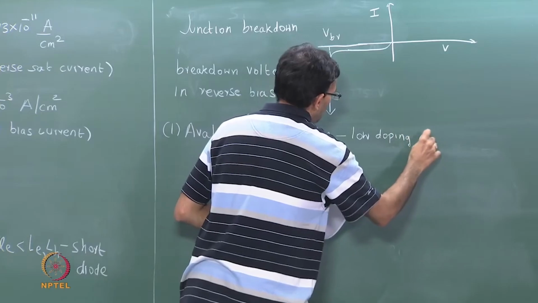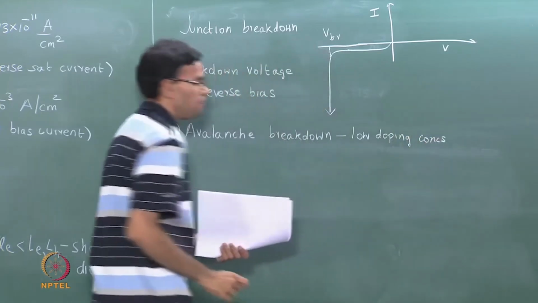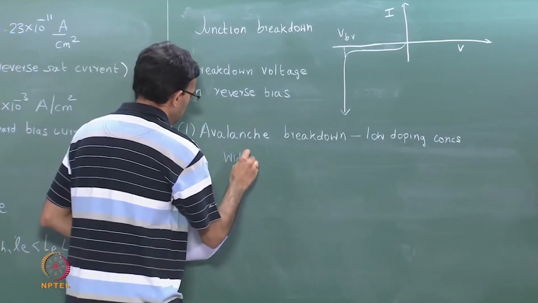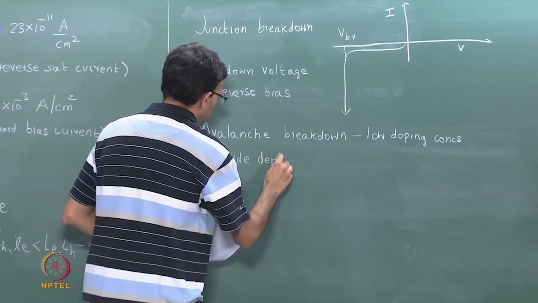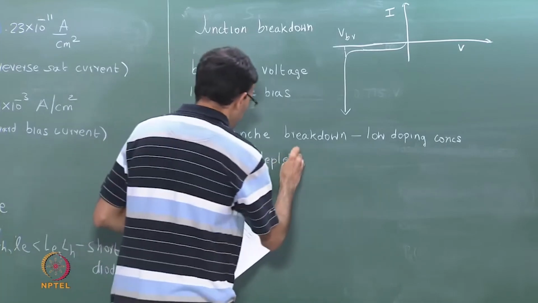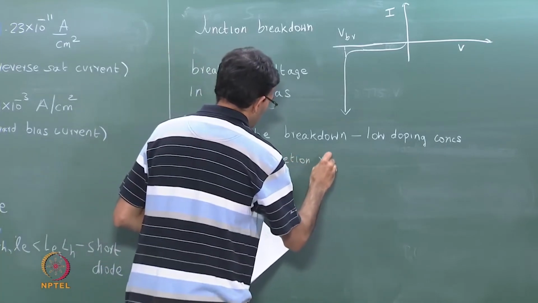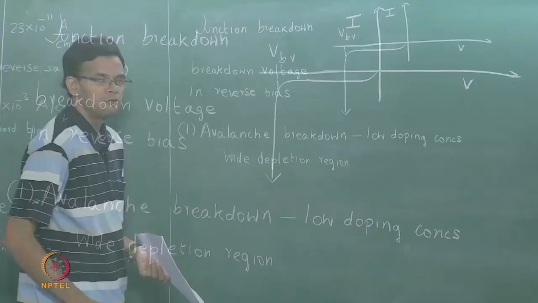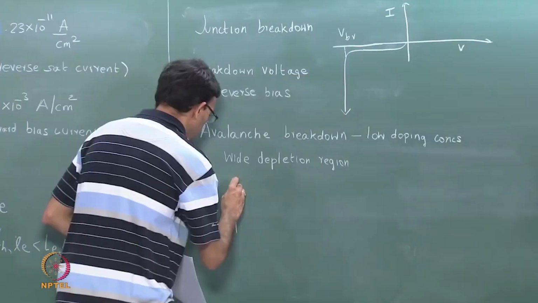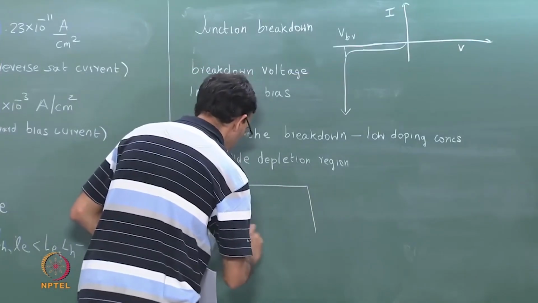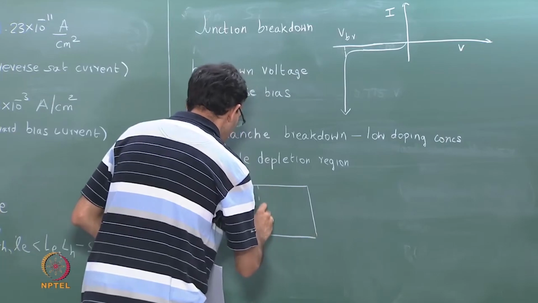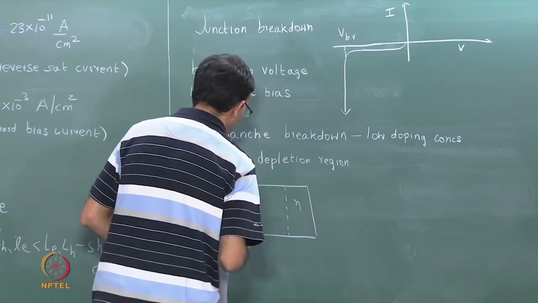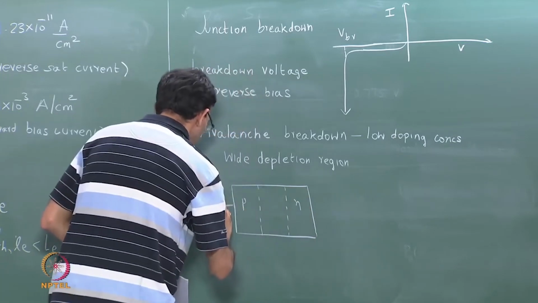So, you have low doping concentrations on the P and the N side, so that you have a wide depletion region. So, if I were to draw this, that is my P side, that is my N side, this is under reverse bias.